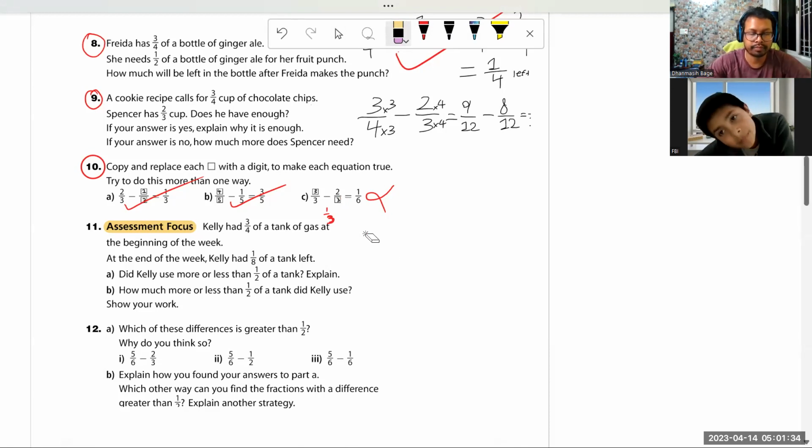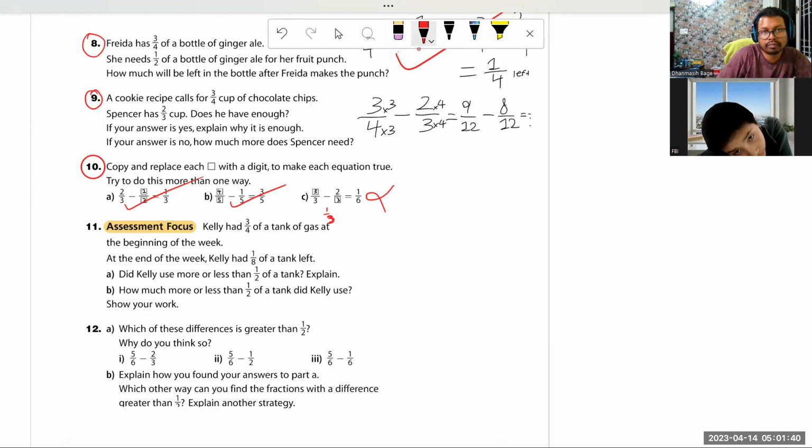Make it 12. Divided by 2. Then that would be 3/3 minus 1/6.